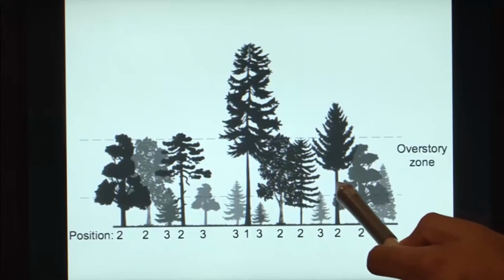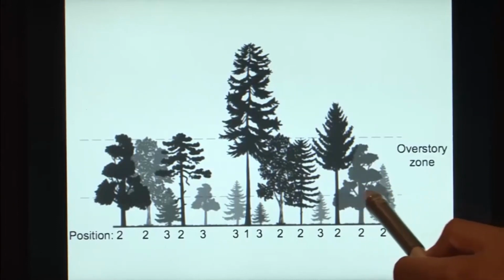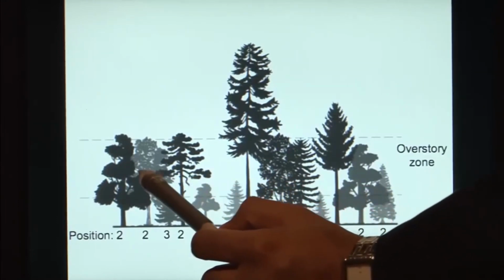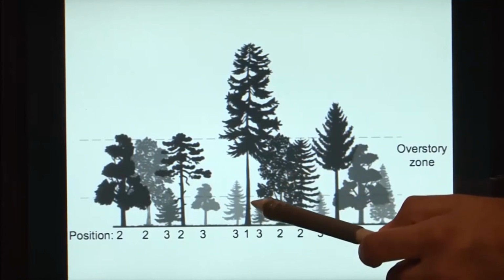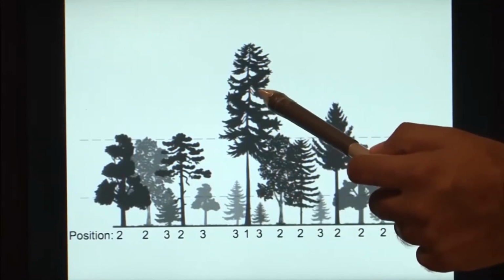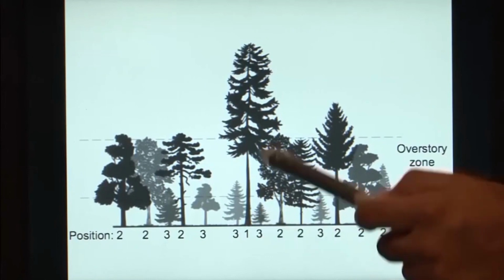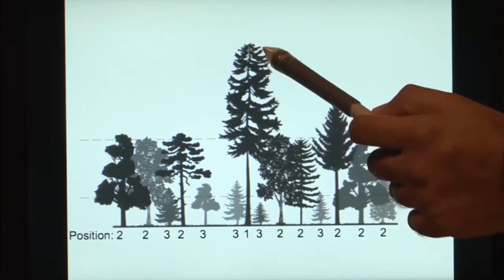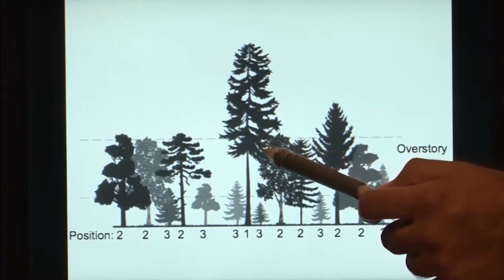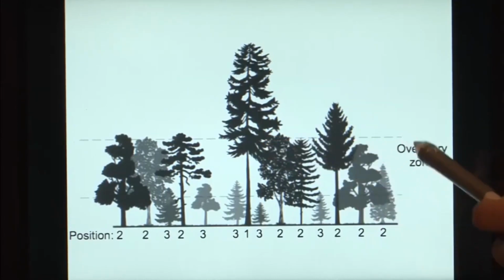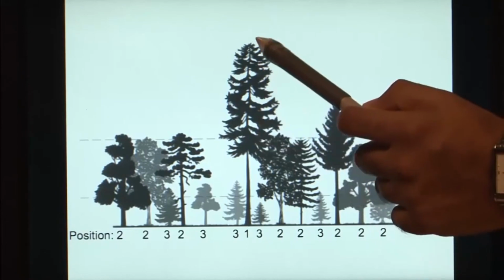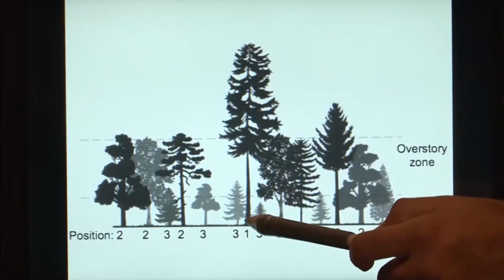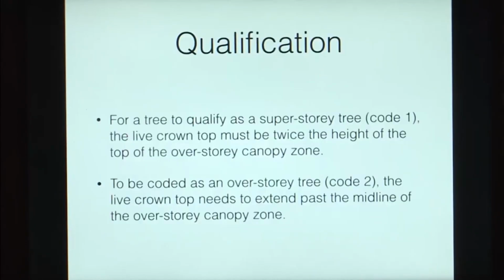Then we have also figured out this line, which is the 50% line. So, now this large tree with the code of 1 is given this code because the top of its crown is twice the height of the overstory zone. Then we will call it a tree of code 1. The live crown top must be twice the height of the top of the overstory canopy zone.